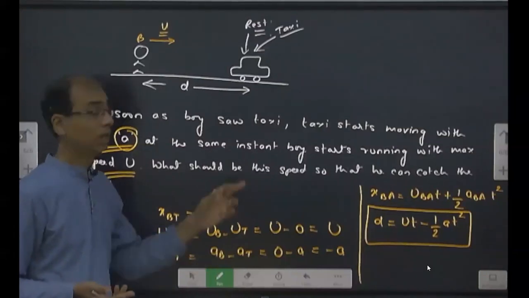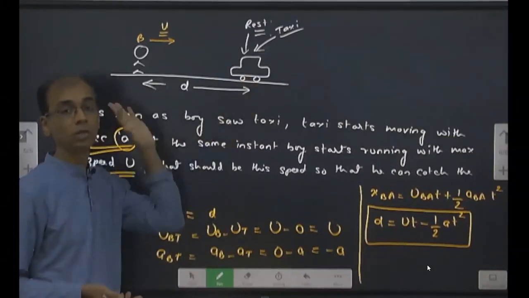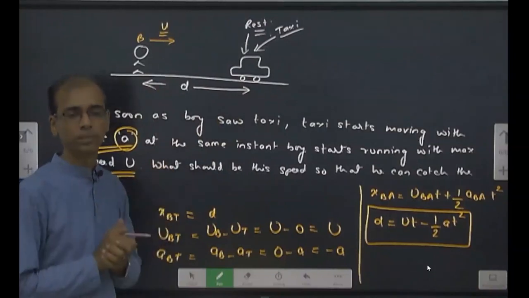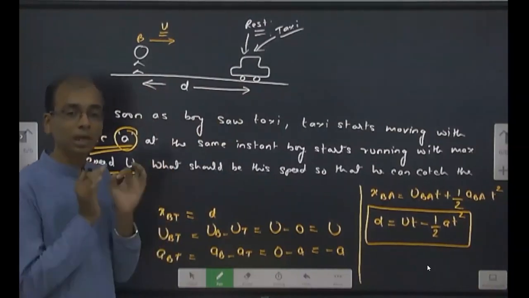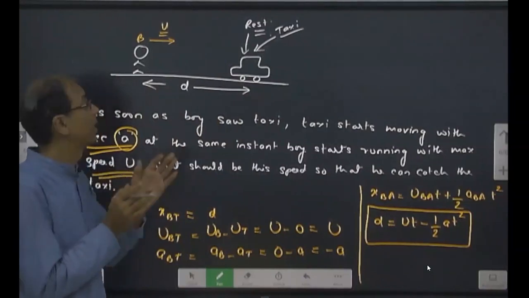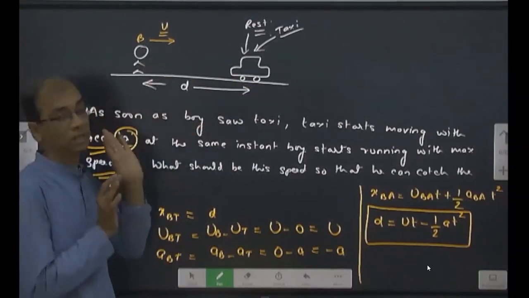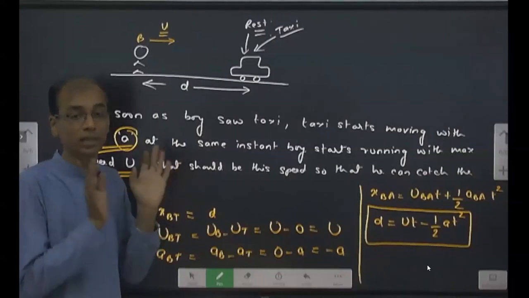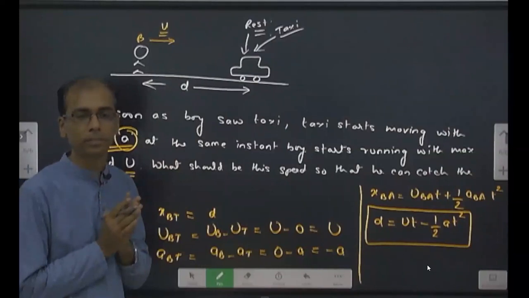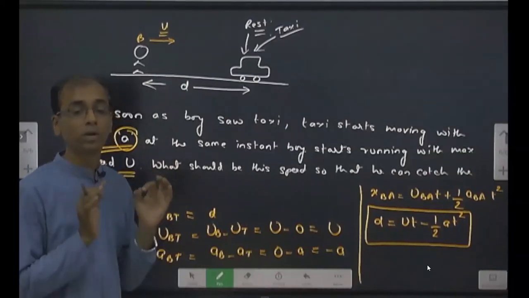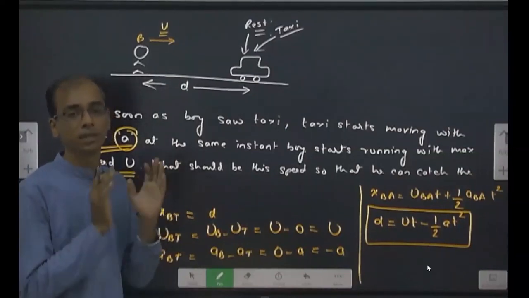No. If its speed becomes more than his, then he can never catch it. So that means the maximum time he has is until its velocity and his velocity are equal. Before that, he needs to catch it. Otherwise, it is not possible for him.